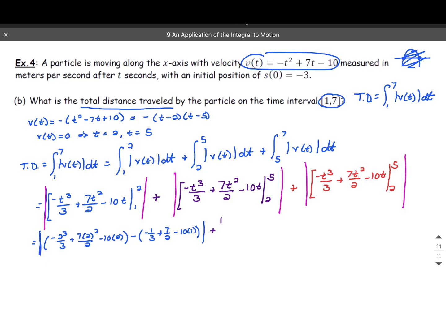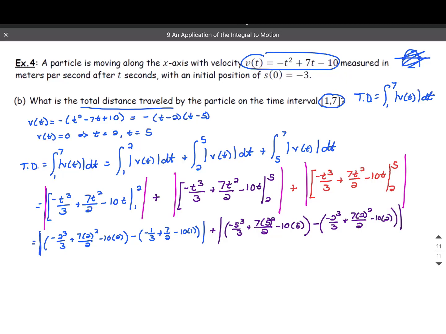Plus absolute value open. We're going to plug in the top. Negative 5 cubed over 3 plus 7 times 5 squared over 2 minus 10 times 5. Close it, minus. Now substitute in the bottom. Negative 2 cubed over 3 plus 7 times 2 squared over 2 minus 10 times 2.